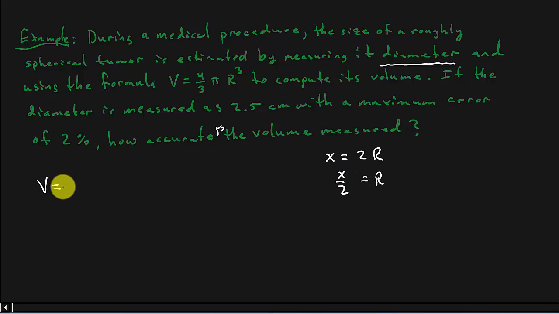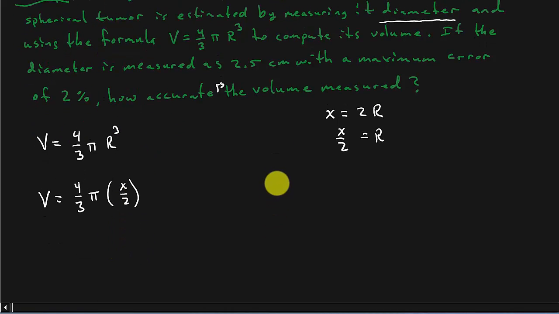So for our volume, it is 4/3 pi r cubed, or we can say our volume is 4/3 pi times the radius cubed, which is X over 2 cubed.